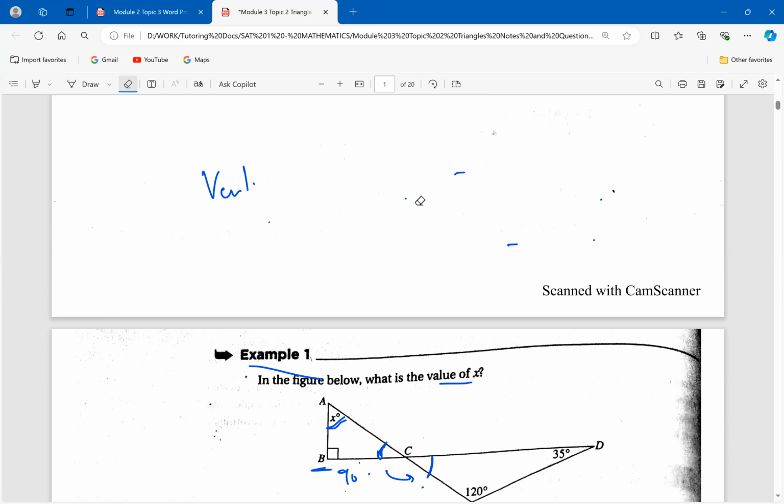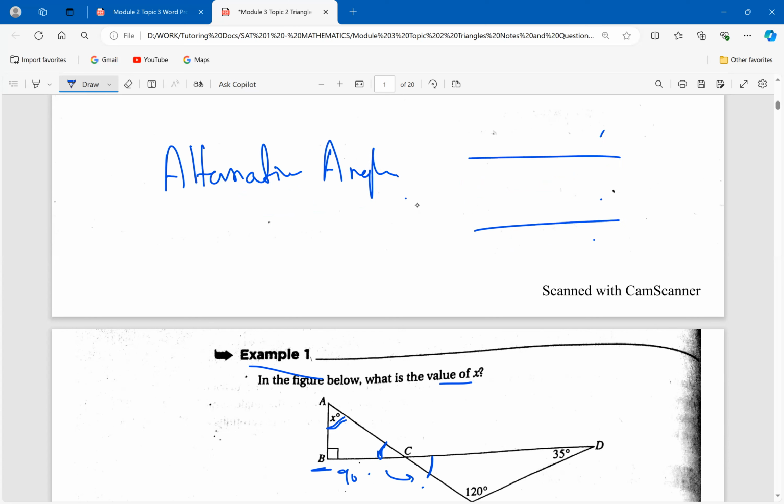angles are alternate angles, okay? What are alternate angles? Alternate angles are like this. If you have two parallel lines, and you've got angles over here, so if this is one angle, this is going to be the alternate angle of it, okay?